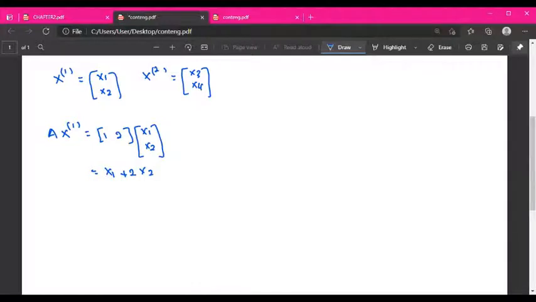Okay, untuk yang kedua pula, linear combination BX2, which is 1, negative 2, 2, negative 1, multiply dengan X3, X4.